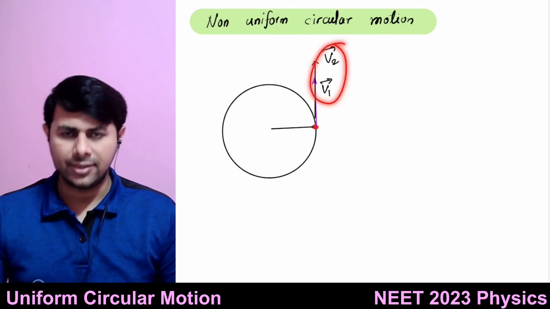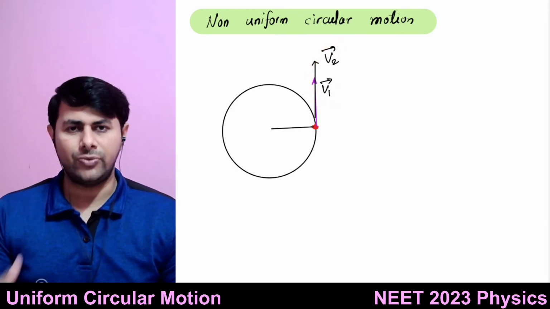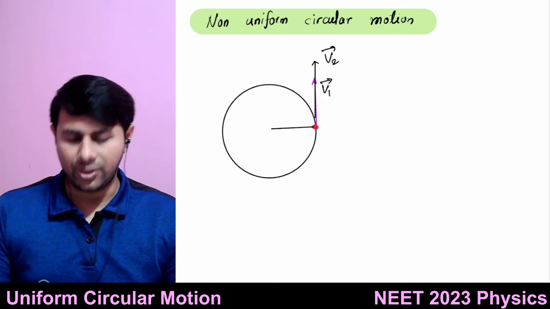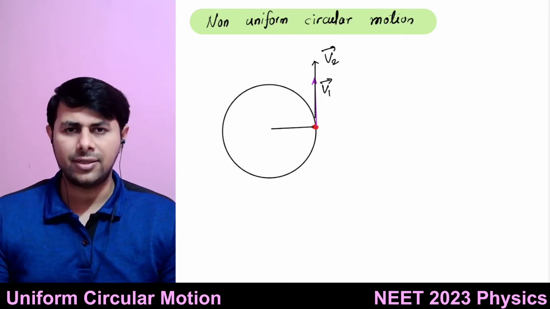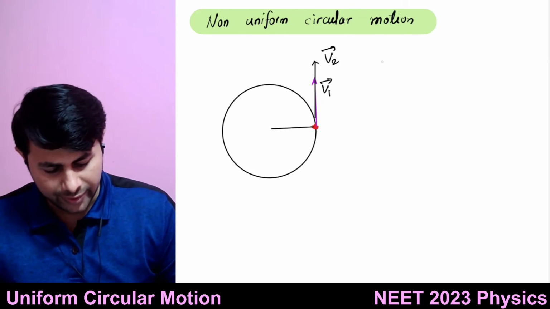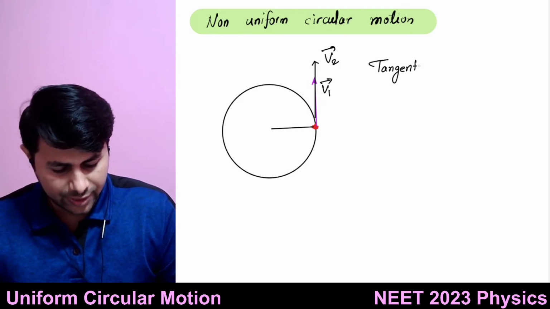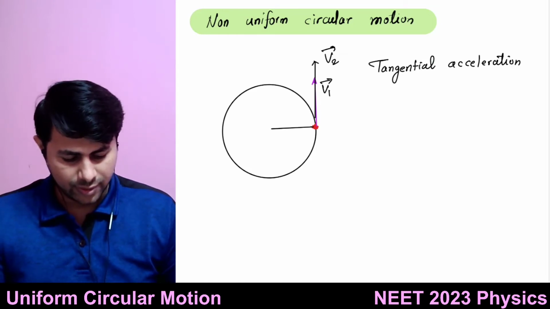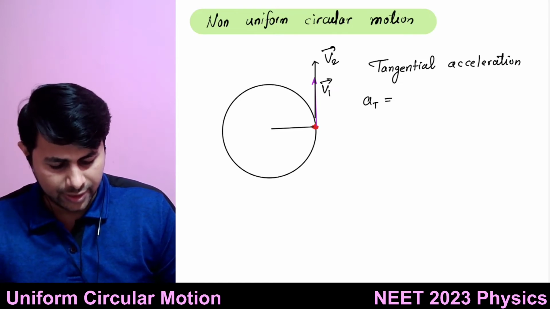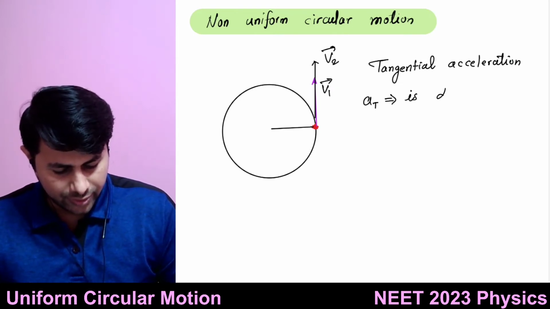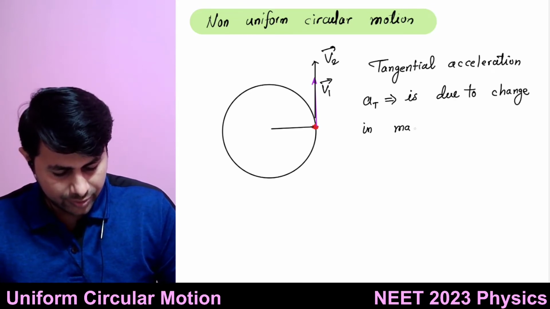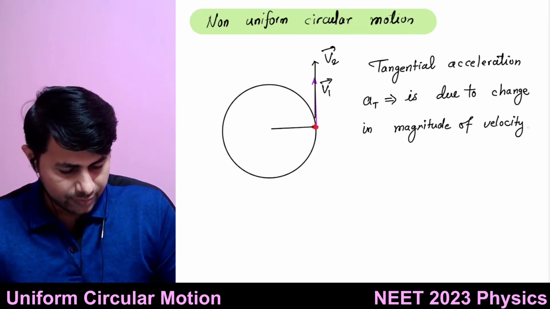So in this case, what do you change? Only the magnitude of velocity, the magnitude of tangential velocity. So this acceleration is known as the tangential acceleration. The tangential acceleration AT is due to change in magnitude of velocity, right?